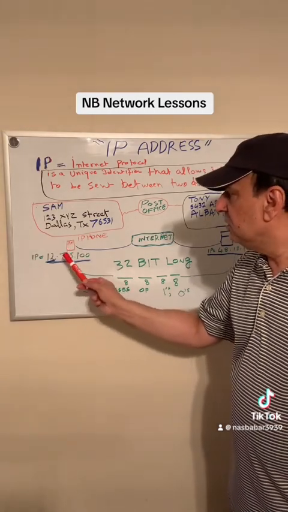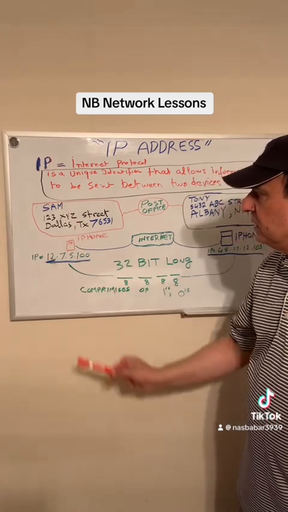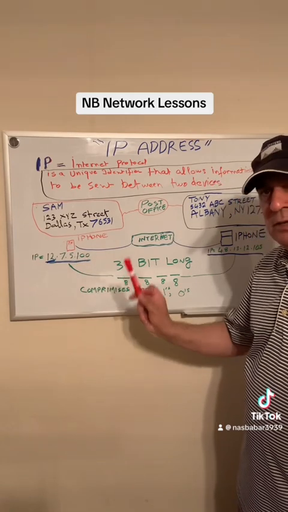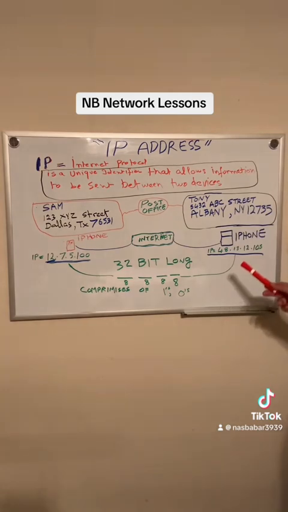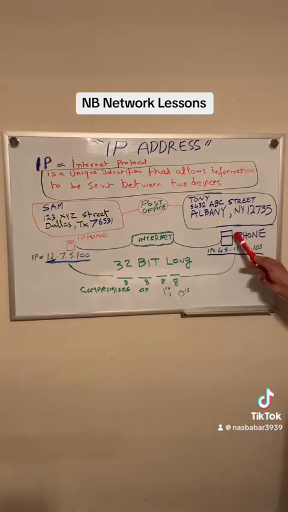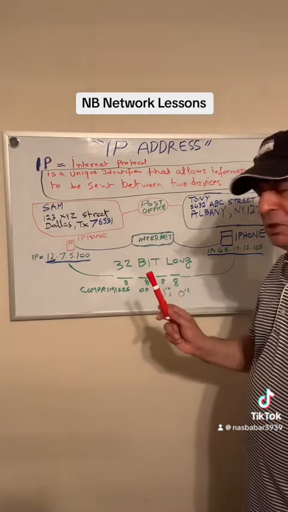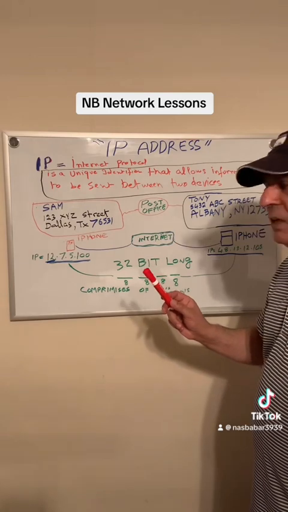So the IP address of Sam's phone is 12.7.5.100. Like I said, it's a random IP. And then we move over to Tony. His iPhone IP address is 48.13.12.105.